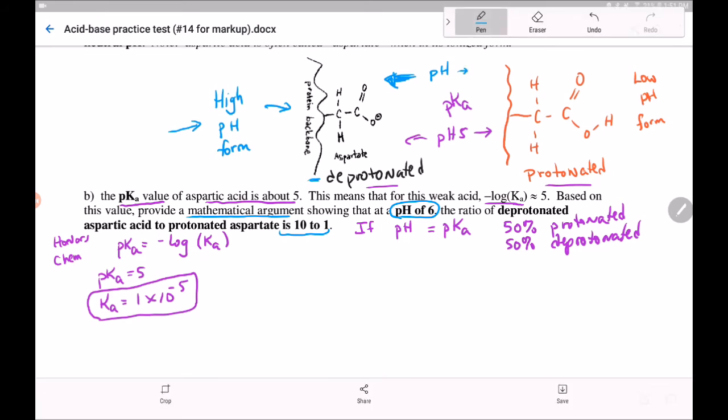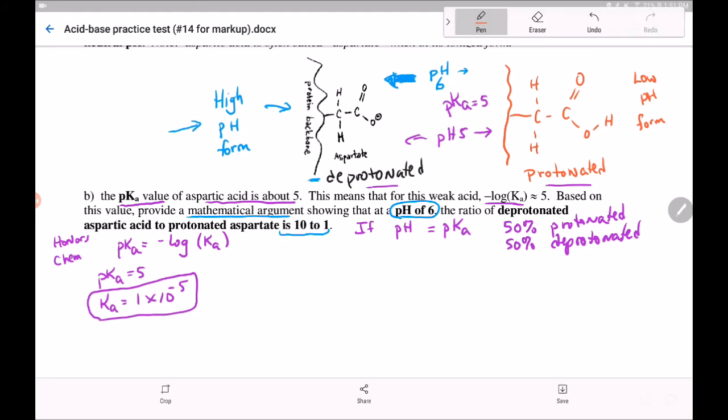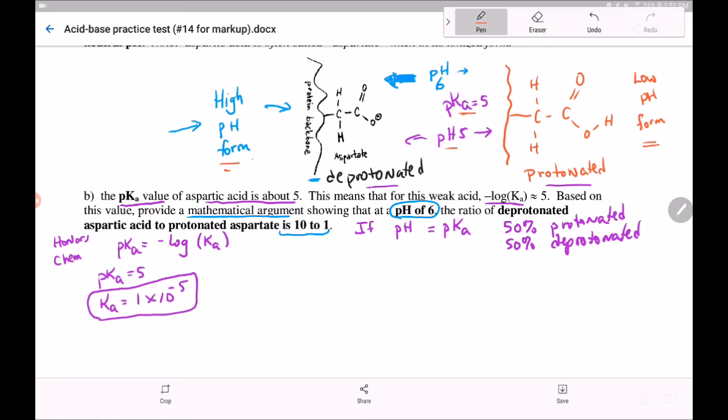Just a tiny bit will be protonated. So this is the conceptual idea. If pKa is 5, then pH 5 is a 50-50 mixture. pH 6 is mostly deprotonated, the high pH form. If we did pH 4, it would be mostly the low pH form. Always in equilibrium, though.